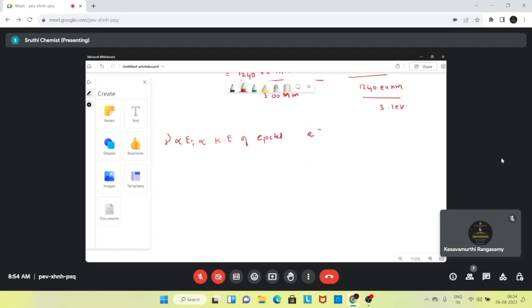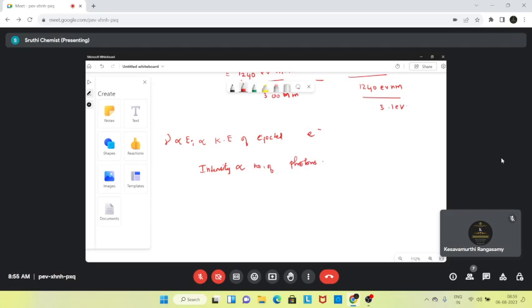Okay, next let's come to intensity. Always we get confused between intensity and energy. Intensity actually depends upon the number of photons. What does intensity mean? Intensity is directly proportional to the number of photons.